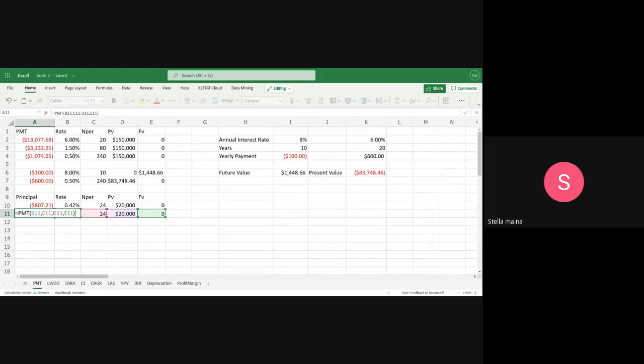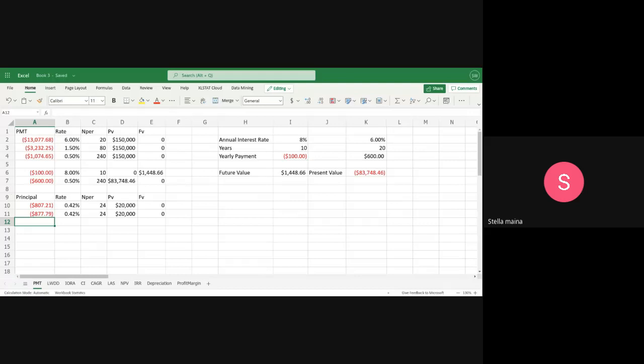You can see that gives 877.79. So you can see the values are different. This was for the fifth payment, or the principal of the fifth payment, but this is the monthly payment in general, just going to give you that directly.